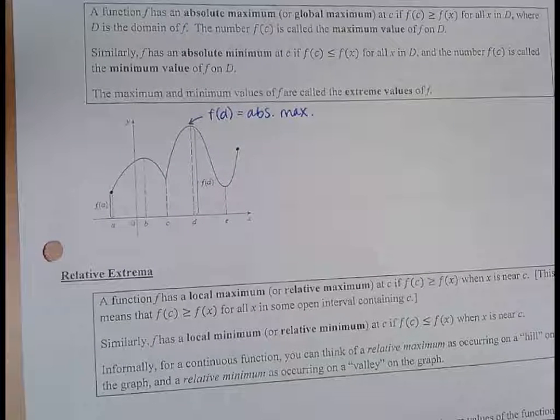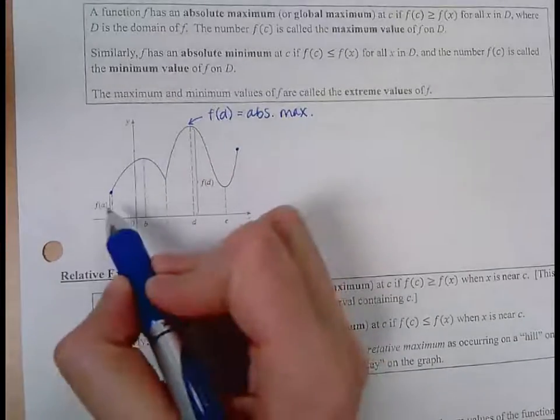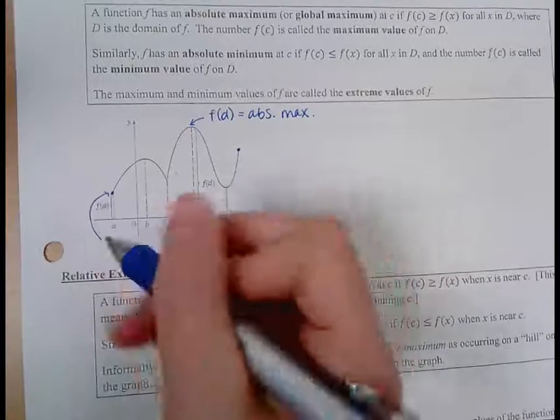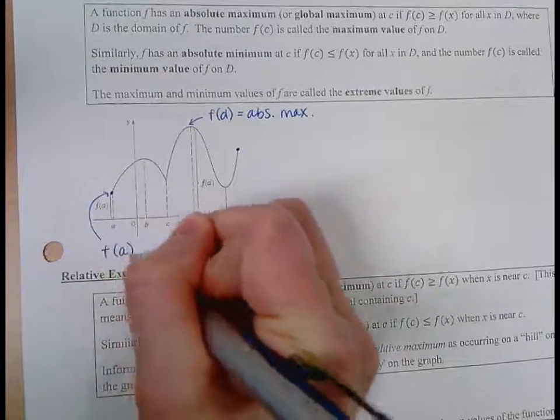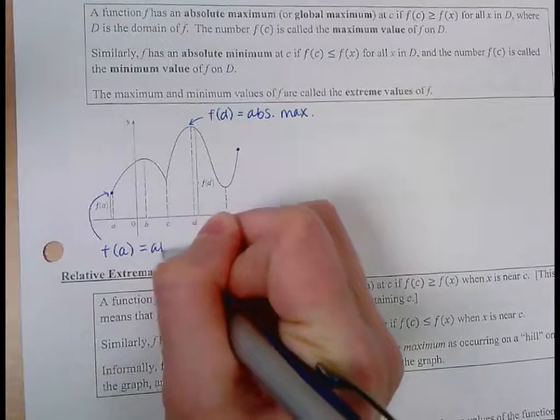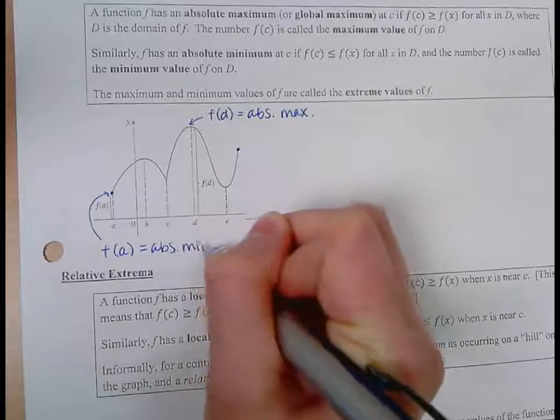And then what would the absolute minimum be? A. A is a little lower. So f of A is the absolute minimum.